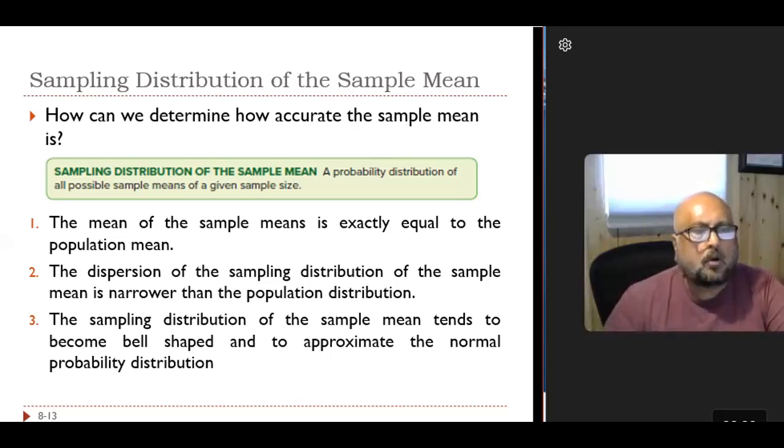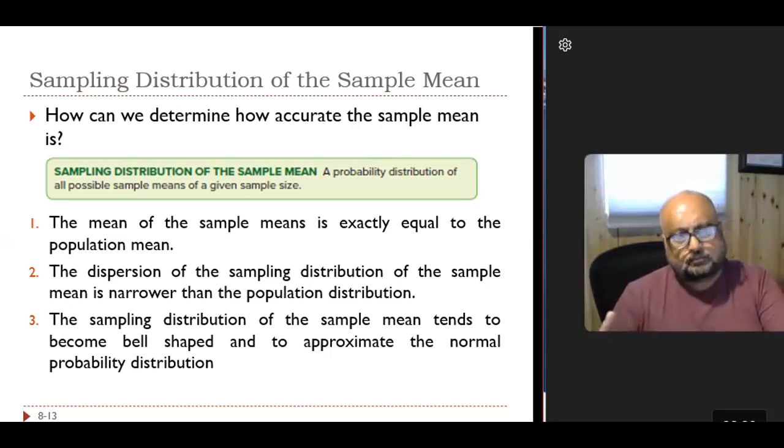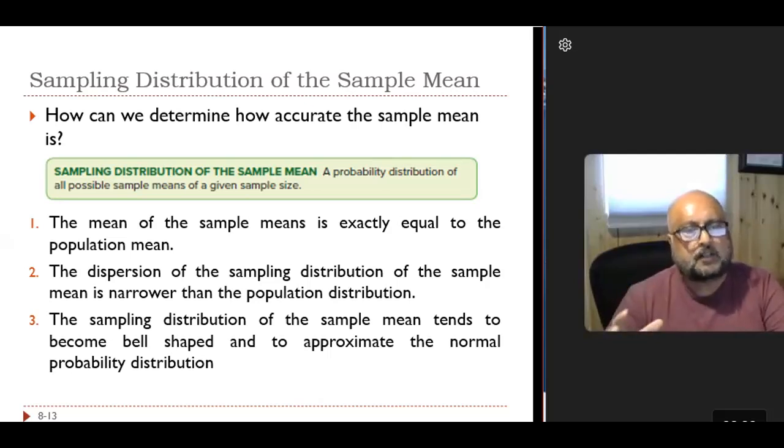The mean of the sample means is exactly equal to the population mean. There may be sampling error, but with plus and minus, the mean of the sample means is equal to the population mean.